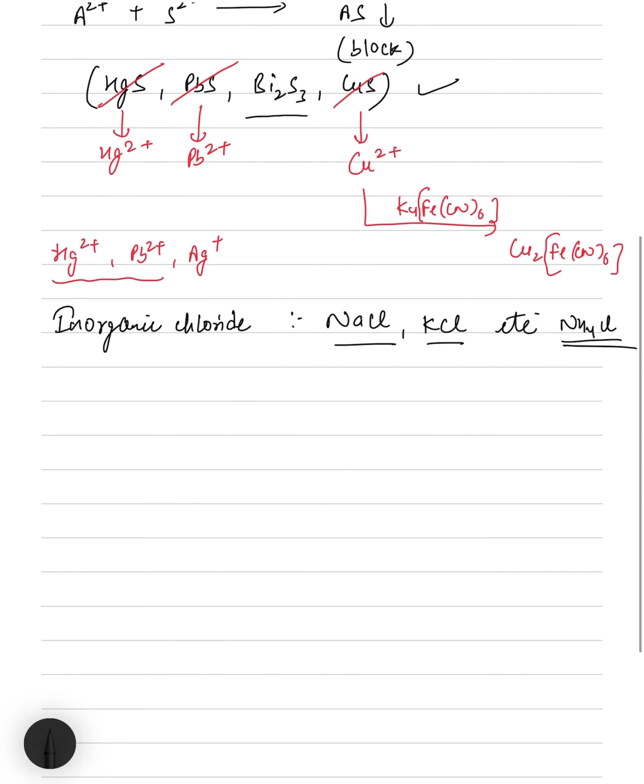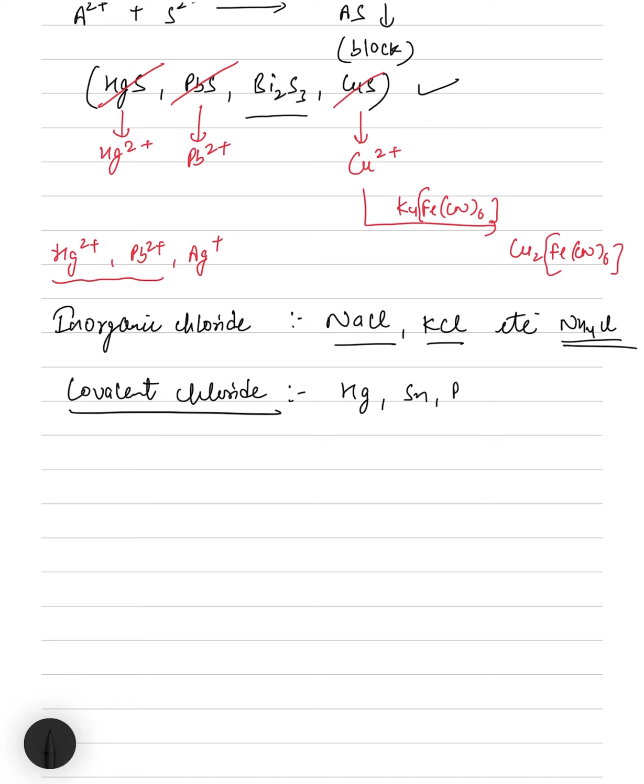Which ones will not give the chromyl chloride test? All the covalent chlorides. Generally those chlorides which have more covalent character don't give the chromyl chloride test, like the chlorides of mercury, tin, lead, antimony, and silver.